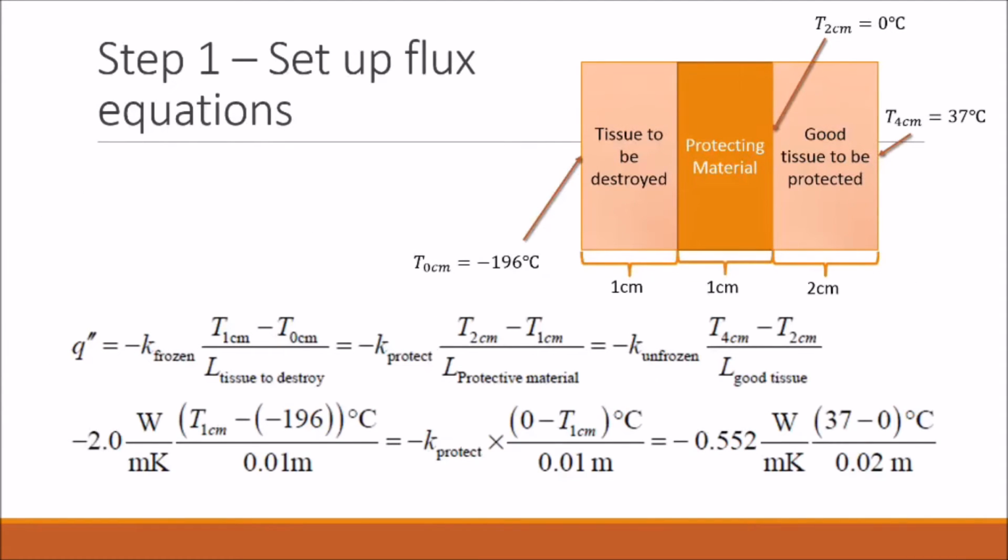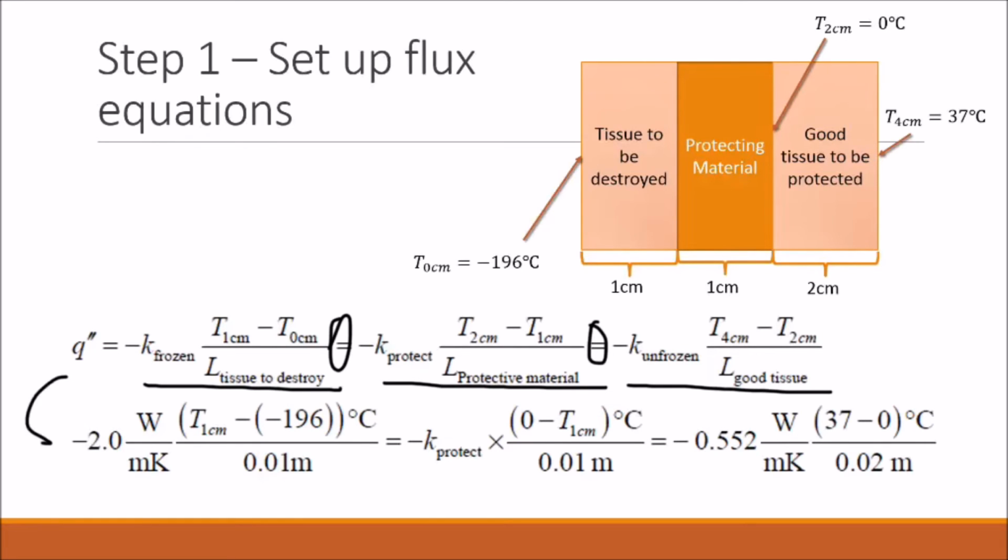Okay, so now we have our flux for the frozen layer, or the tissue to be destroyed. We have the flux through the protective layer, and the flux through the unfrozen layer, or the good tissue, that we need to protect. So as we determined earlier, we need to set these equal to each other to solve for any unknowns we have.